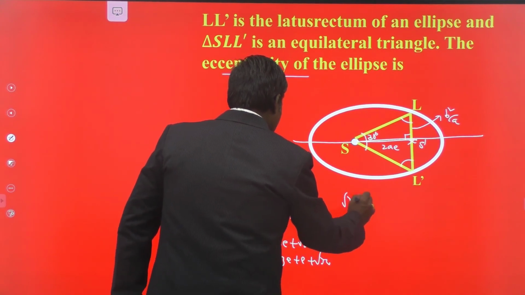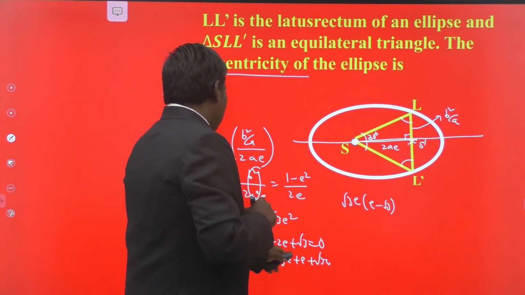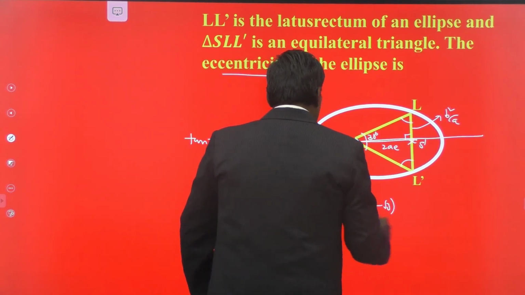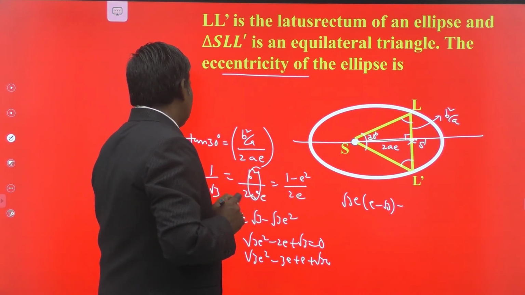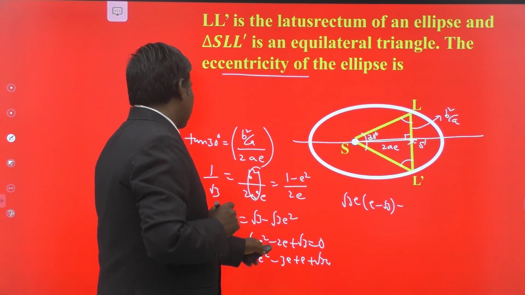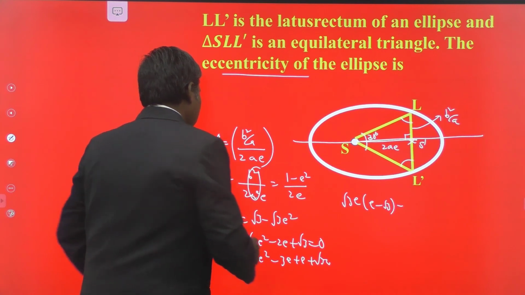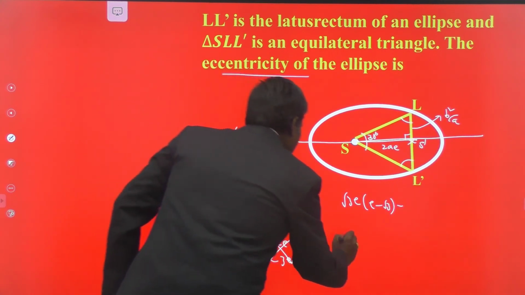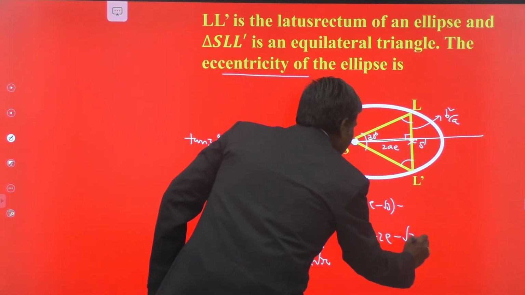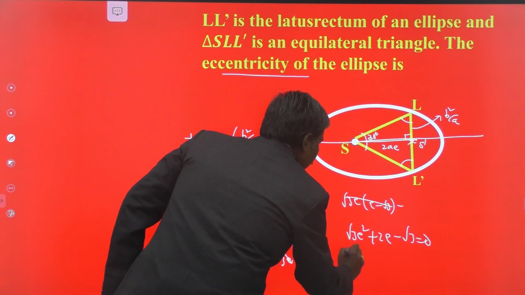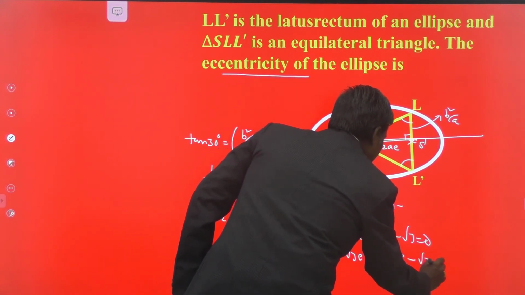Root 3e square plus 3e minus e minus root 3 equals 0.